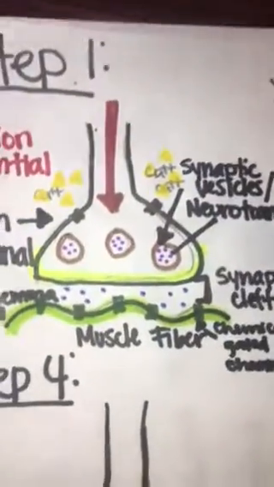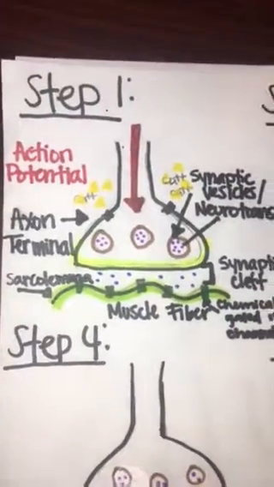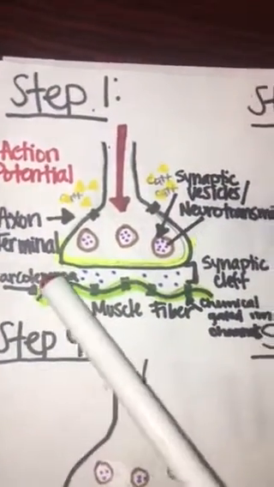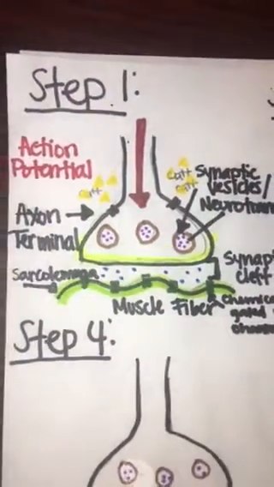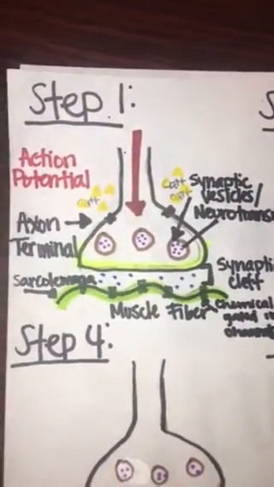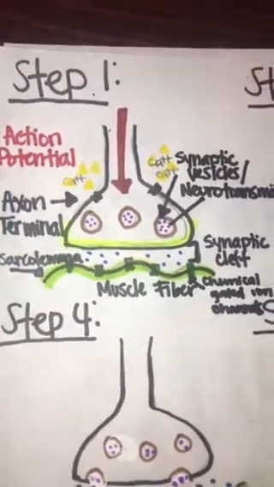The first part of the neuromuscular junction associated with the skeletal muscle fiber is the sarcolemma, which is highlighted in green. The sarcolemma is the cell membrane of the muscle fiber. On the sarcolemma, you will find chemical-gated sodium ion channels.